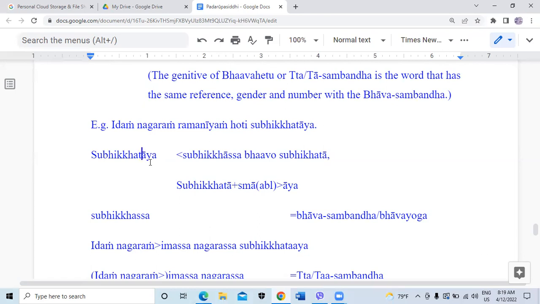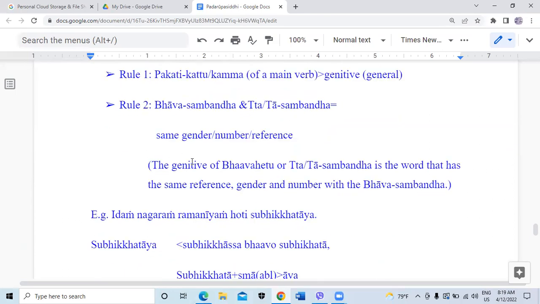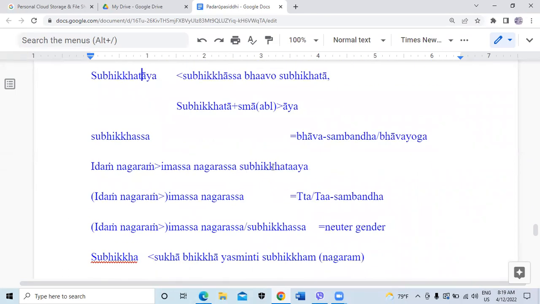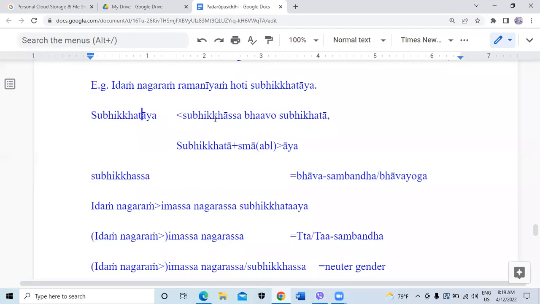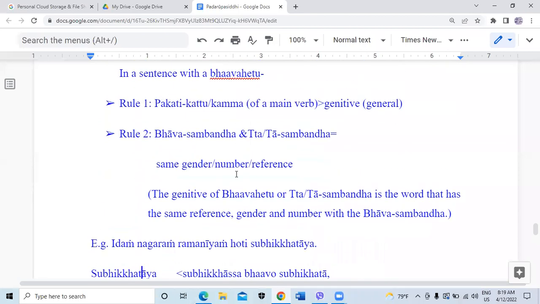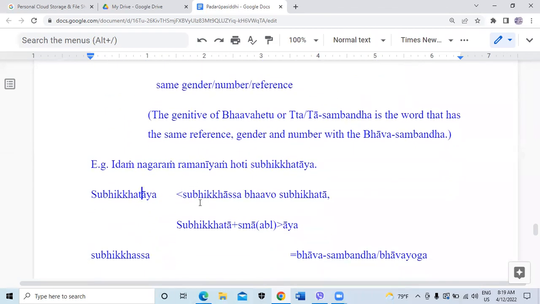Okay, so according to this number 2 rule, this bhava sambandha, like here subhika, and tata sambandha here, like Idanakaran, should be Imasanagarasa. So they must have the same gender, number, and reference also. Bhava sambandha means the sambandha genitive before bhava.